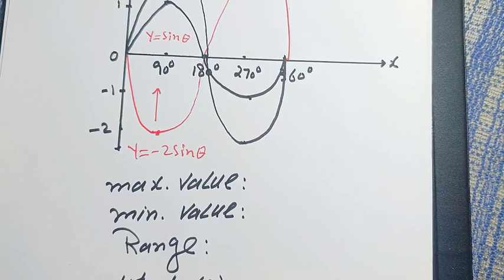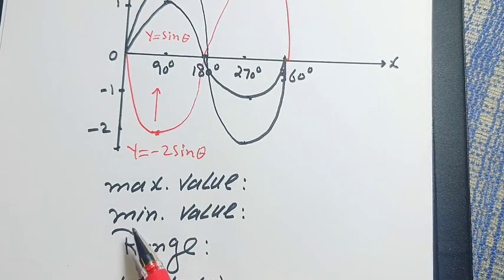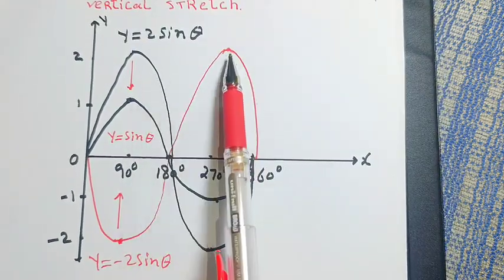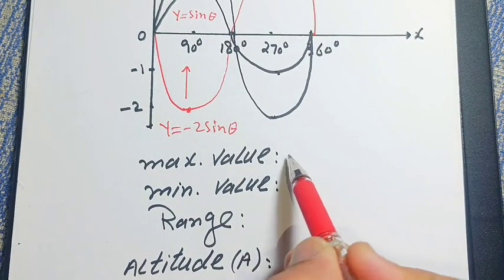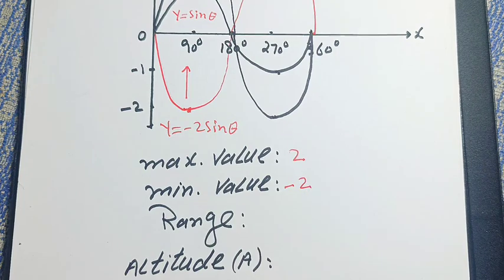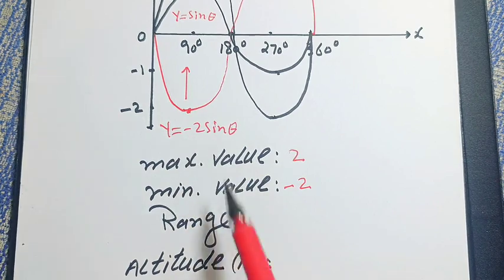So if I need to find the maximum value of negative 2 sine theta, the maximum value is going to be positive 2, because the graph reaches its peak at positive 2. So the maximum is 2 and the minimum is negative 2. Now, how to find the range of this graph, y is equal to negative 2 sine theta?